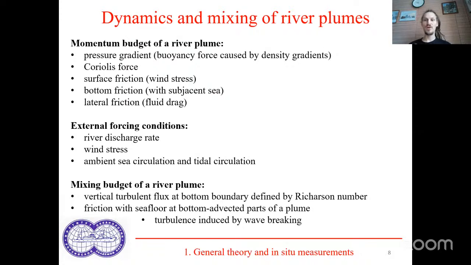When these volumes are equal, so the plume receives the same freshwater volume which is mixed out of the plume, then the plume is stable. And we also have to reproduce mixing of the river plume and seawater, and deal with the mixing budget, which also depends on turbulent flux between the river plume and seawater.